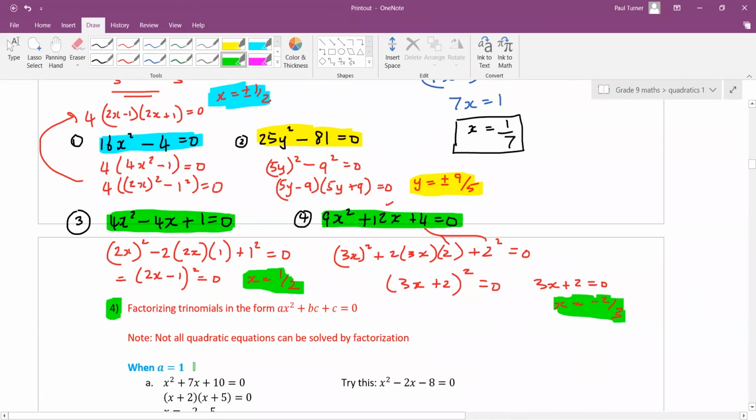I need to make up some more examples for the next section. So that covers the basic ideas. Now this method doesn't work for every question. We need to use this next method down here because sometimes we can't write it as a perfect square, can we?